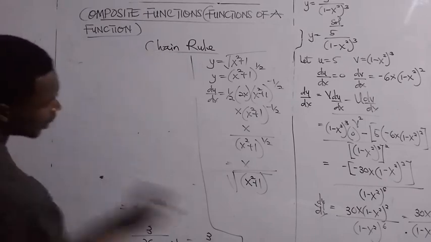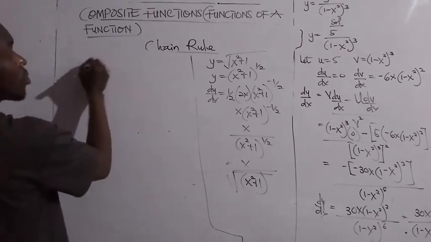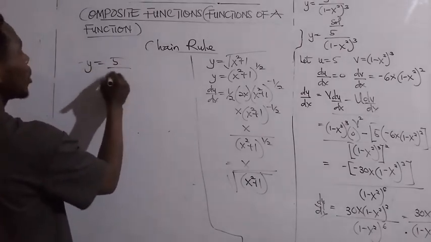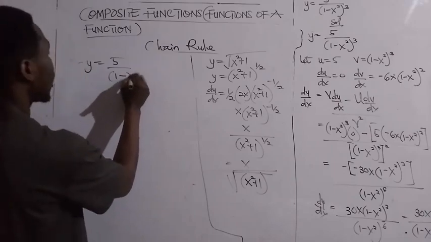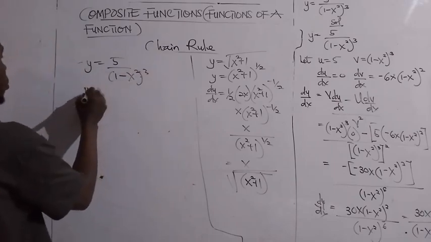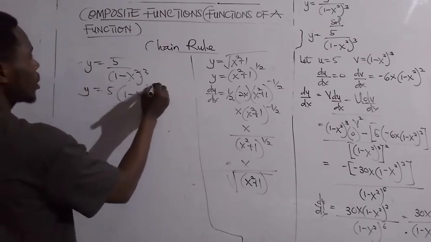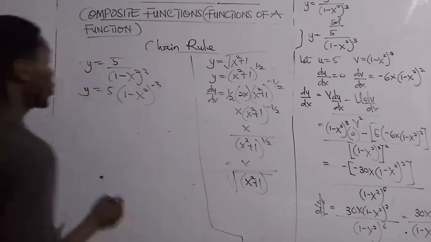So finally we have y is equal to 5 over (1 minus x squared) cubed. So we rewrite it: y is equal to 5 times (1 minus x squared) exponent negative 3. With this we are going to go.